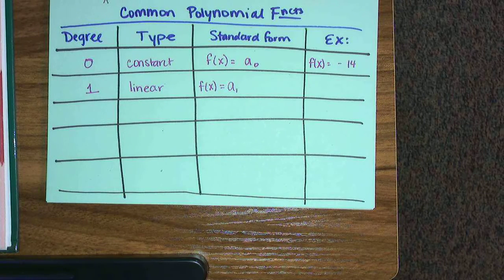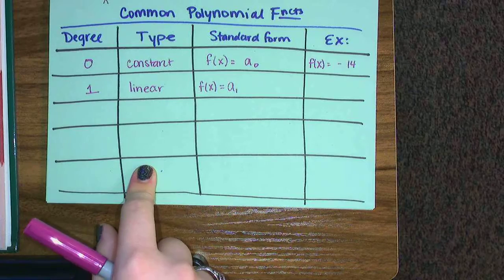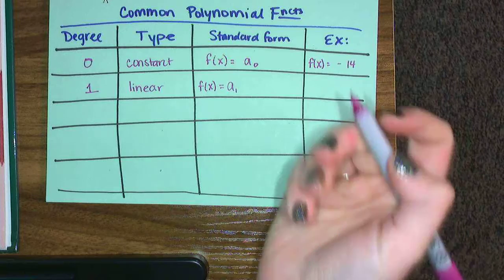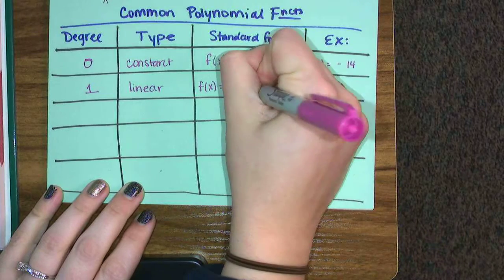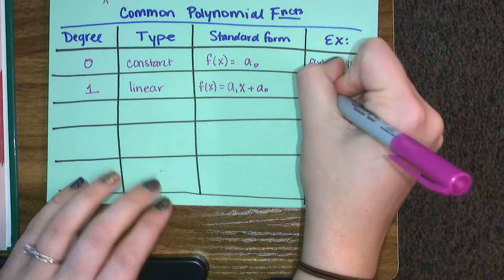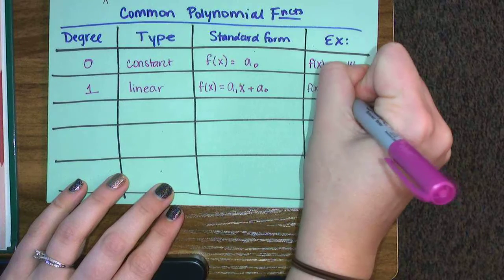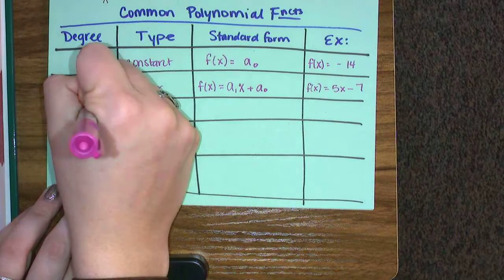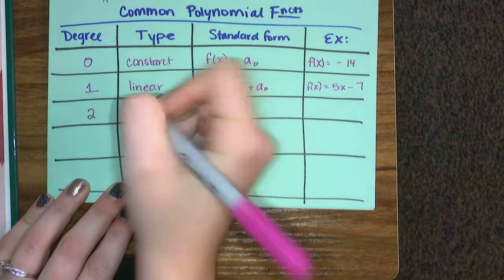The only thing with this one is you're going to have to be able to say what type it is, which, you've probably heard most of them before. Probably 2 that you may not have really used before. Alright, so a sub 1 x plus a sub 0. F of x is equal to 5x minus 7. After I'm done writing, I can explain this chart a little better so you understand it. The next one, degree 2, is quadratic.